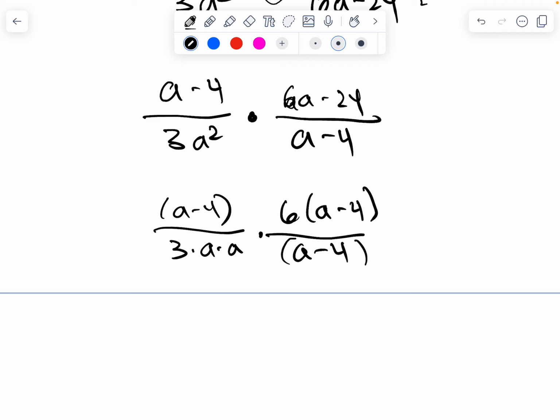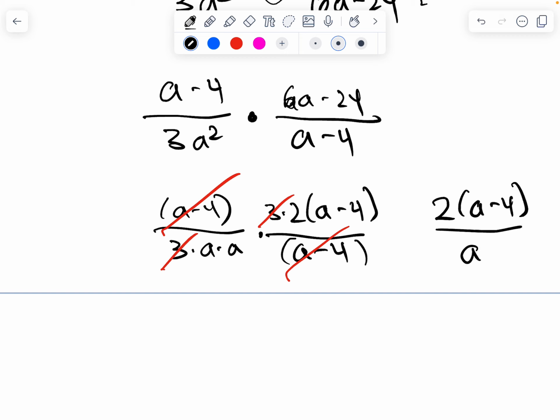And I forgot the 6 is going to be the same thing as 3 times 2. Okay, so now we can cancel an a minus 4 and an a minus 4. And we can cancel off a 3, and we can cancel off a 3. And we end up with our answer, which is 2a minus 4, and on the bottom are those 2 a's.